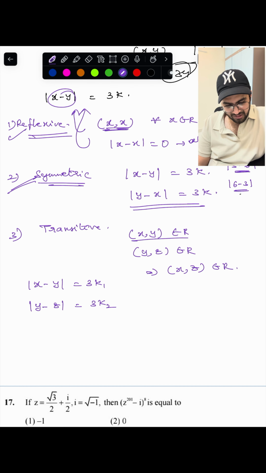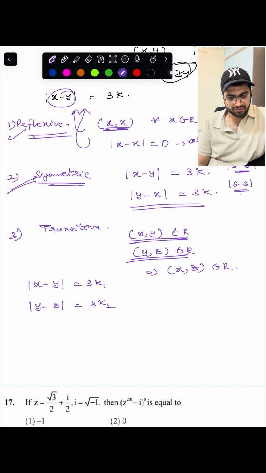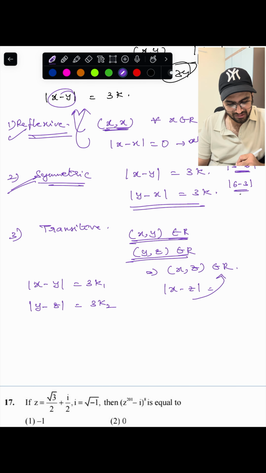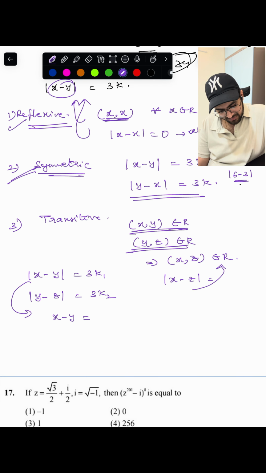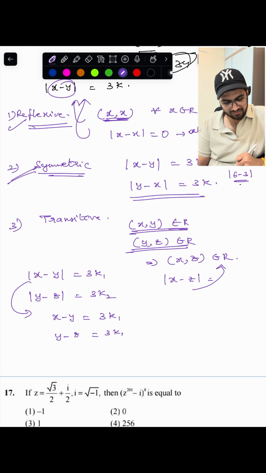If we can prove mod of x minus z is also a 3 multiple, then it will be a transitive relation, because then x comma z will also be in the relation. For that I can remove the modulus here. Let us consider it is plus 3k1, and let us consider this as plus or minus, anything you can consider. Let's say plus.